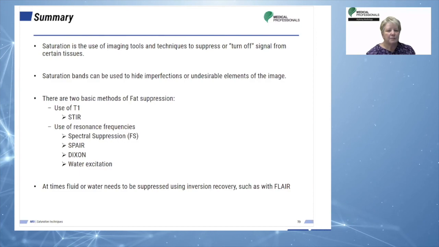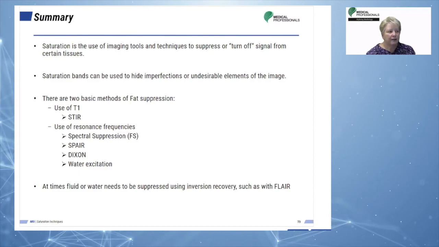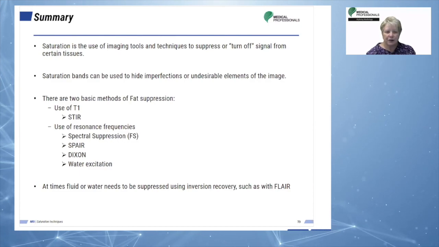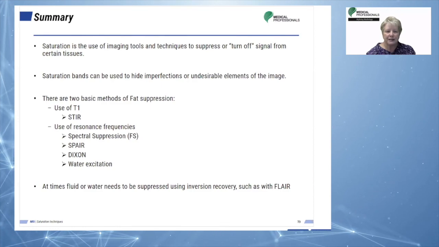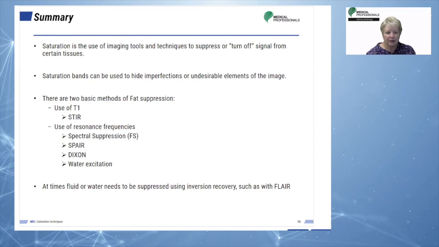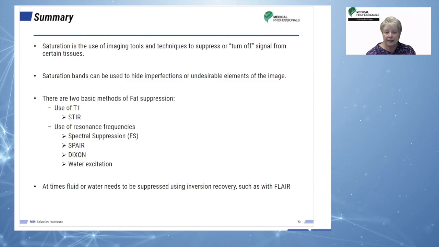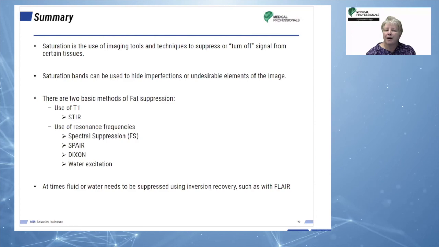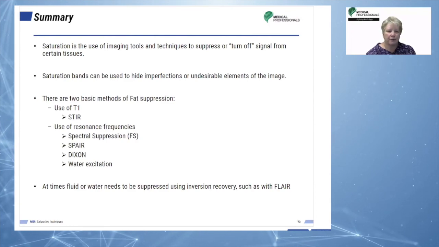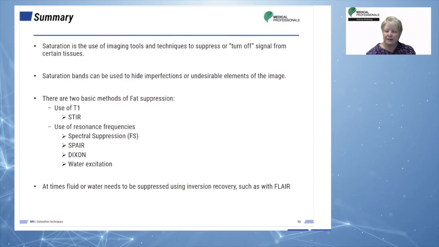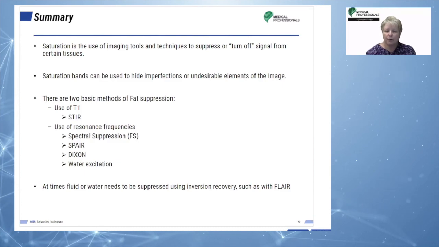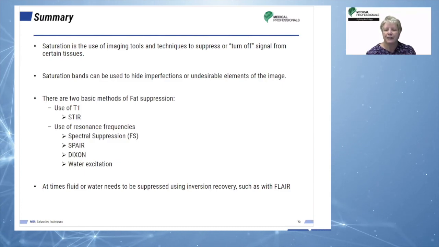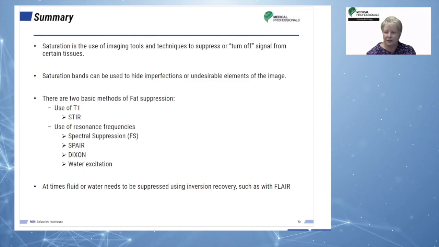We talked about the use of T1, particularly STIR, and the use of resonance frequencies, such as spectral suppression, SPAIR, Dixon, water excitation. And we talked about the times that fluid and water needs to be suppressed, using inversion recovery with something such as FLAIR.